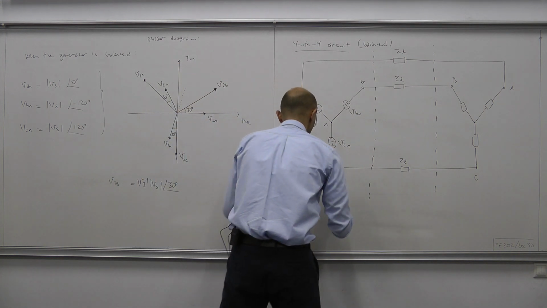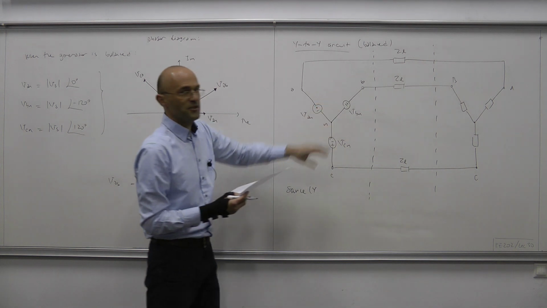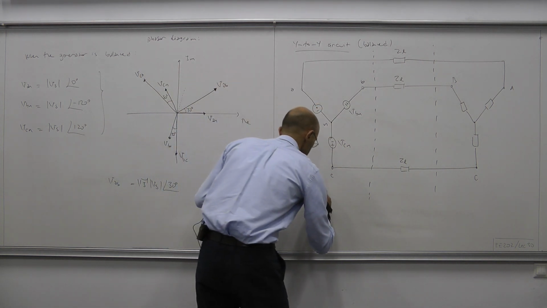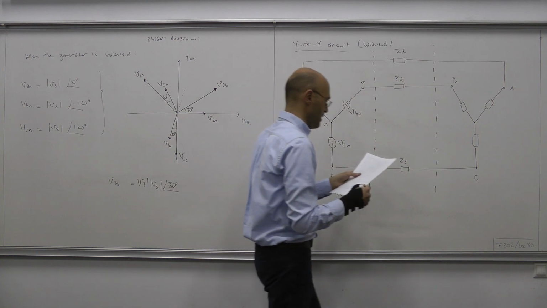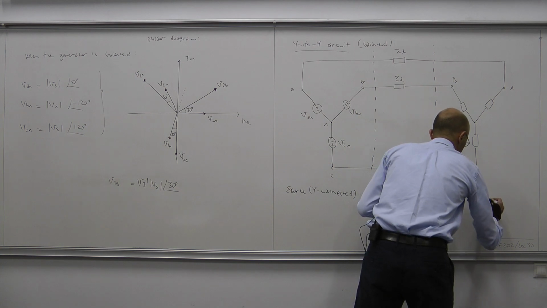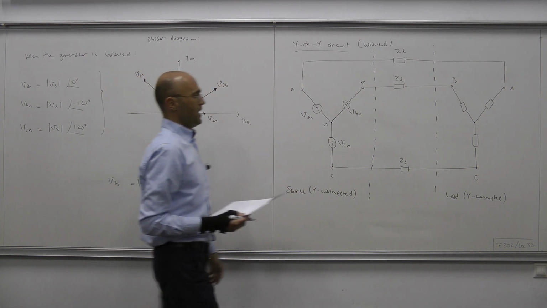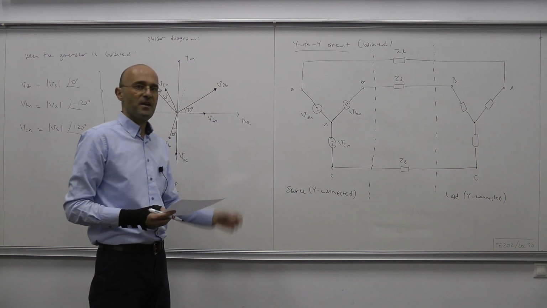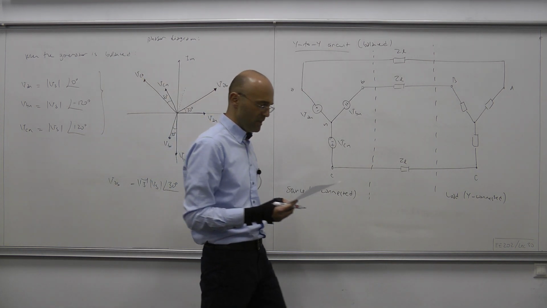Okay, so here we have the source, and as is clear by how it's drawn, it's Y connected. And here we have the load, again Y connected. Each of these ports is represented by an impedance, and each of those impedances is called the per phase load impedance.